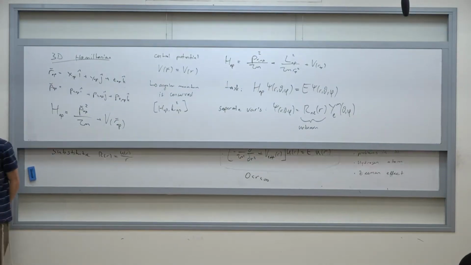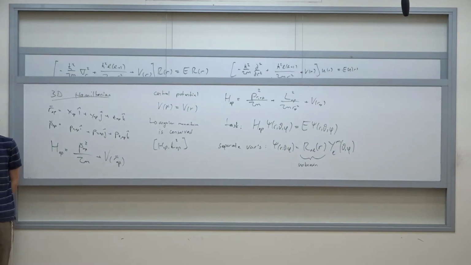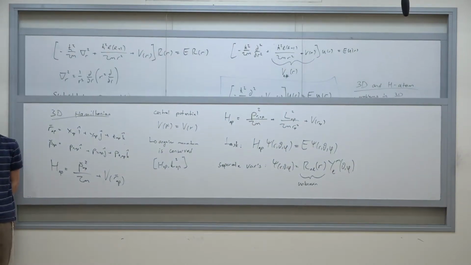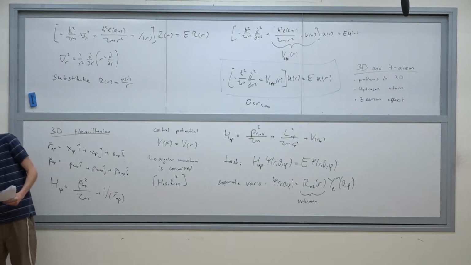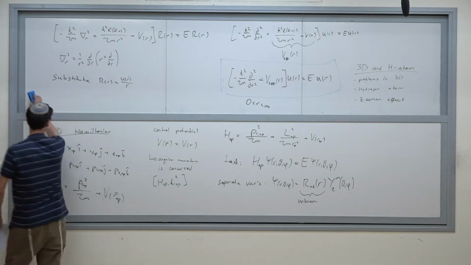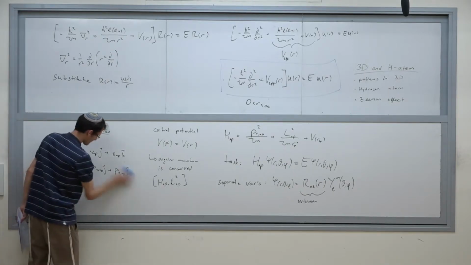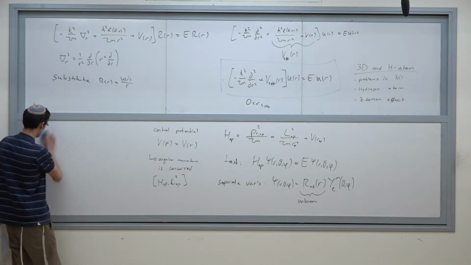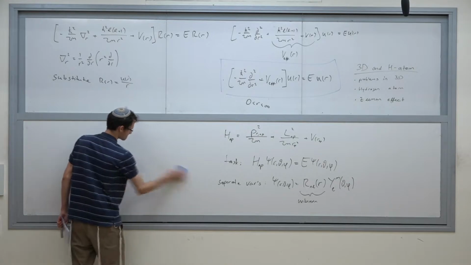Okay, let's solve an example. I'll solve the simplest example you could think of now, and then in your homework you'll solve also simple questions, but a little bit more difficult. And obviously the simplest example is an infinite potential well.